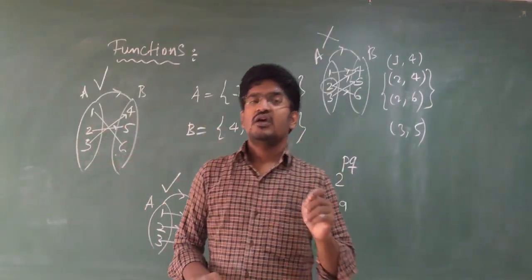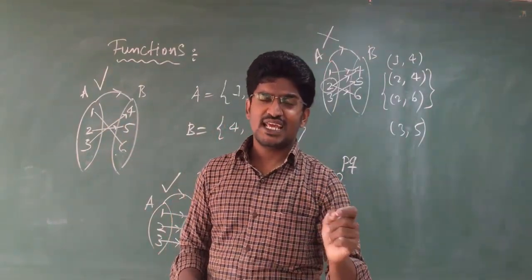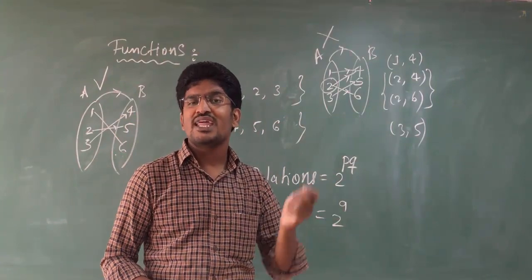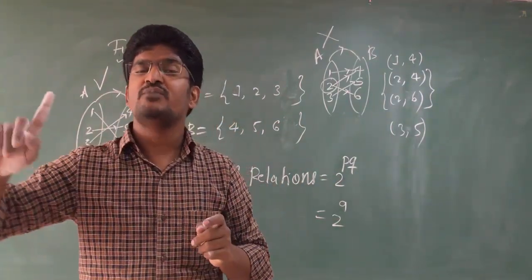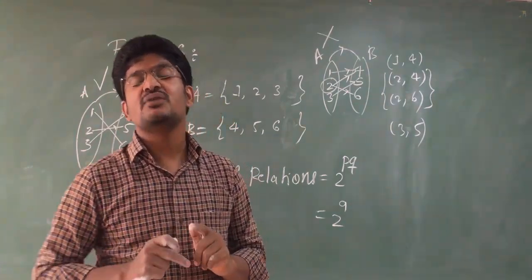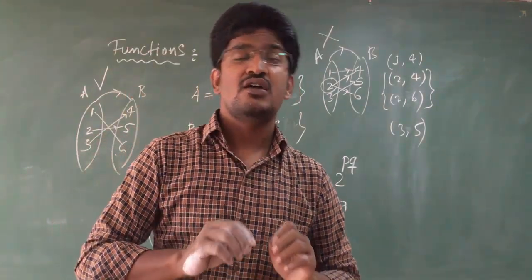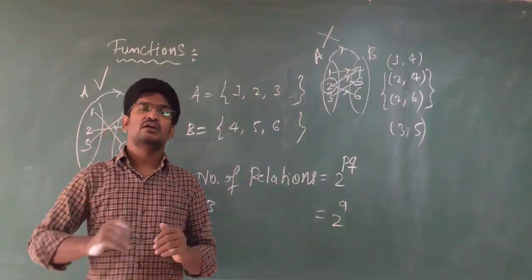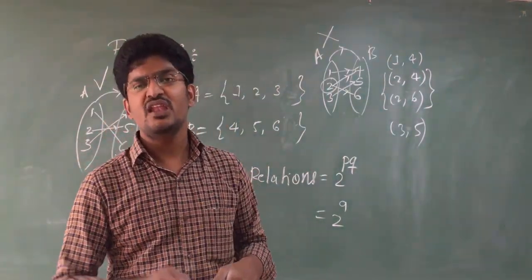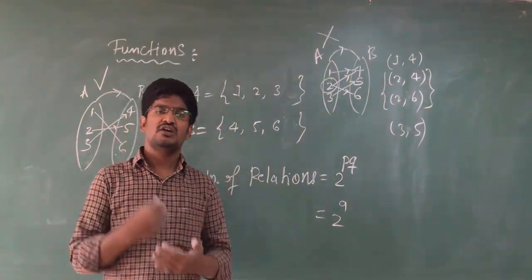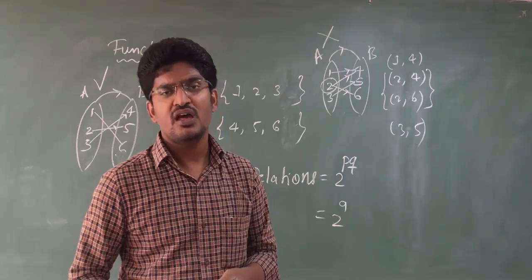A relation from non-empty set A to non-empty set B to become a function, each and every element of set A must have a unique image in B. Clear? If they are having a unique image, definitely that relation is going to be a function.